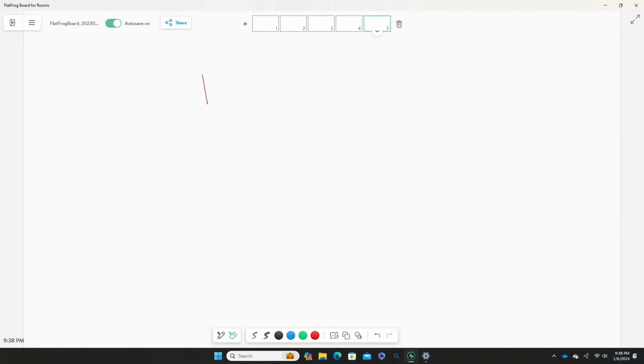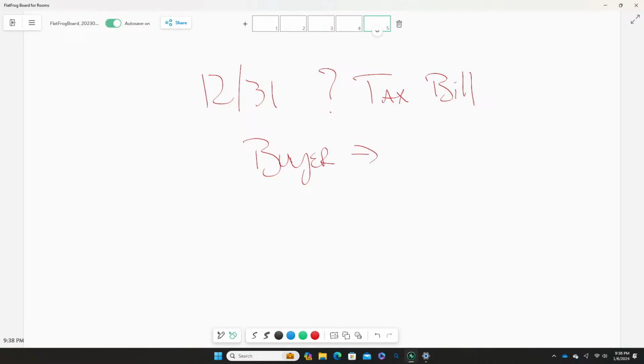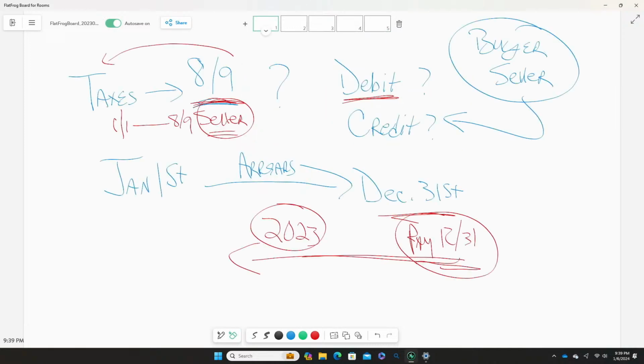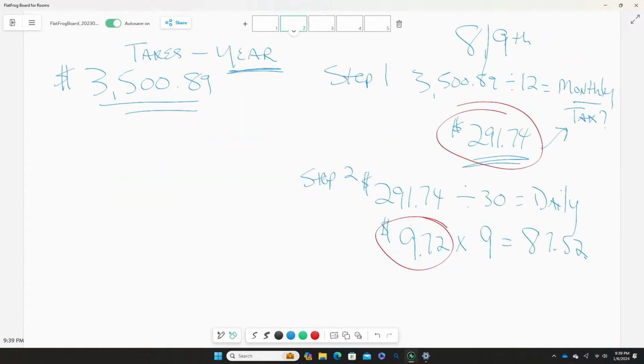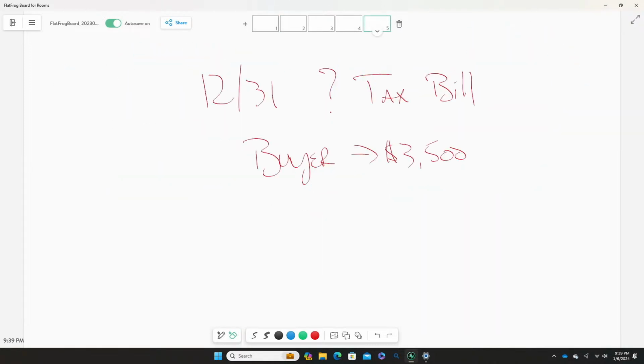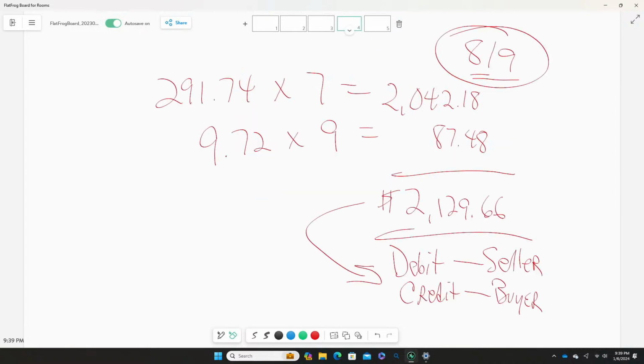So what happens on 12/31? Who pays the tax bill? The buyer does. And the buyer will pay the $3,500.89. And you might be saying, well, John, why does the buyer have to pay the entire tax bill?